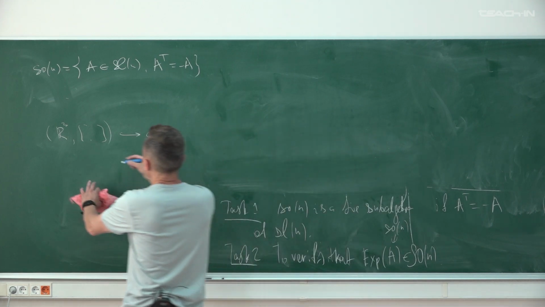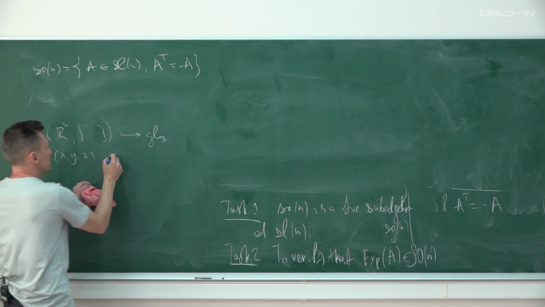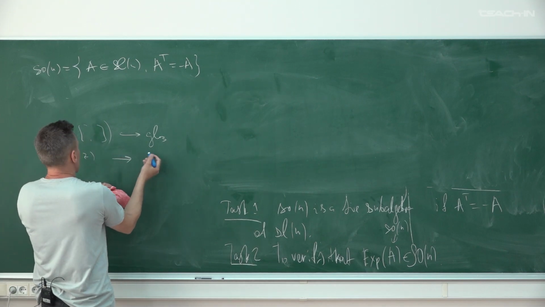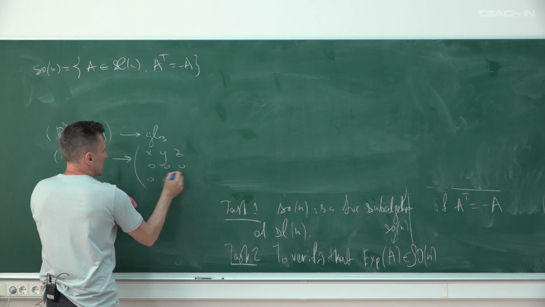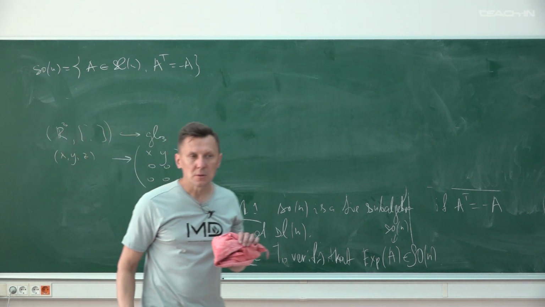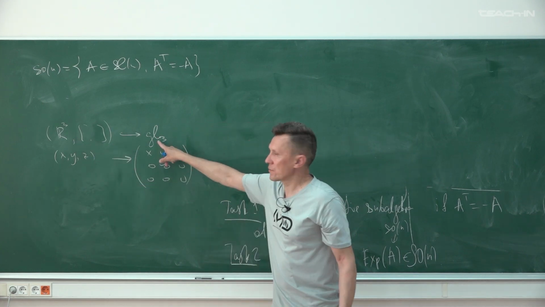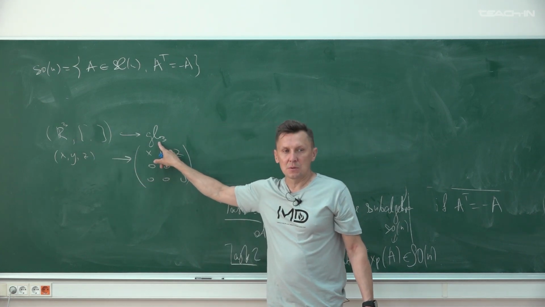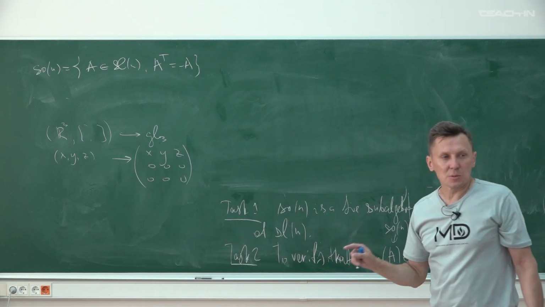Here you have a vector x, y, z, and for example, we can consider the matrix like this. So this three-dimensional space is a subspace of this Lie algebra. But here it is not a Lie subalgebra.